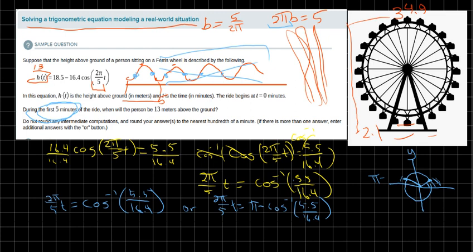We'll find this value using a calculator, and I always recommend that people check to make sure that they are using the right units. You have to make sure that your degrees and radians are in the correct setting.